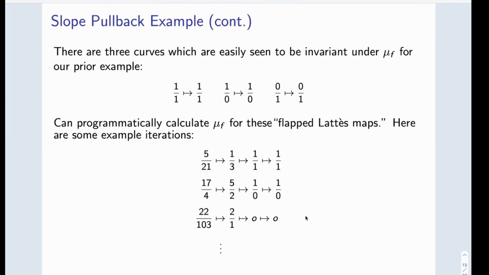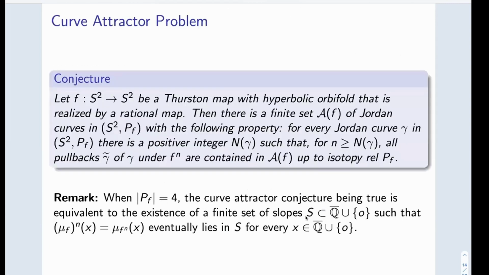This is a pretty famous conjecture called the curve attractor problem. So the conjecture is this. Let's say we're in our particular setup: f is a map of a hyperbolic orbifold, realized by a rational map. Then we expect there to be some finite set of Jordan curves such that, so long as we're iterating f enough, our pullbacks will eventually end up in this set of Jordan curves.